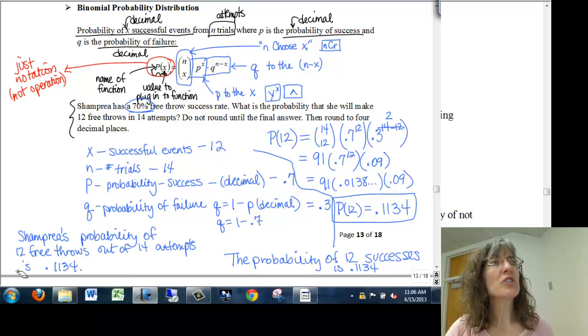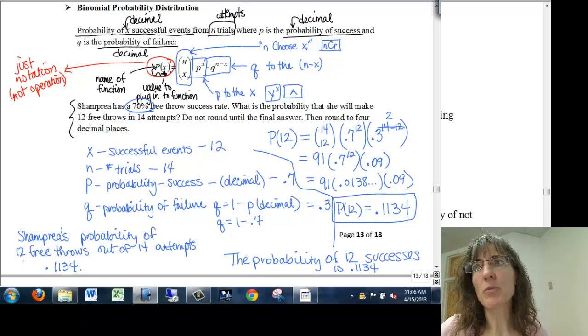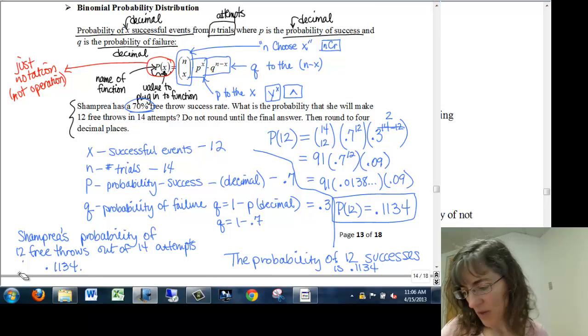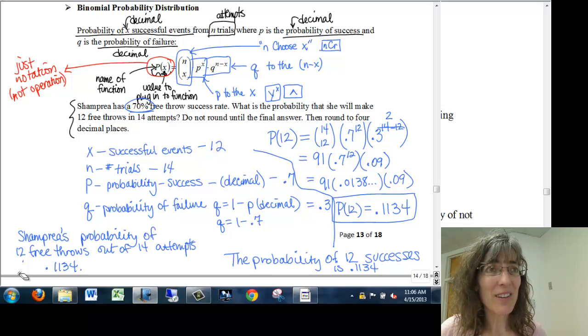Now, how would you change that if you wanted to report it as a percent? Okay, Shampriya is, I would say, 11.34% likely to make 12 out of 14 free throw attempts.